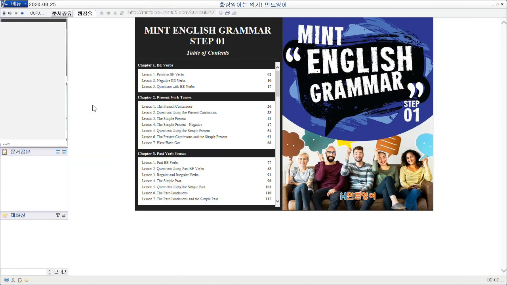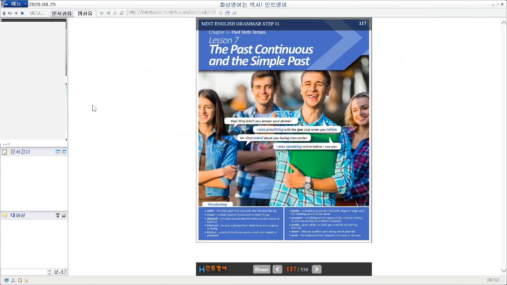Okay, you mean chapter 3, lesson 7. Yes, page 180. There you go. Okay, so let's have lesson 7: the past continuous and the simple past.